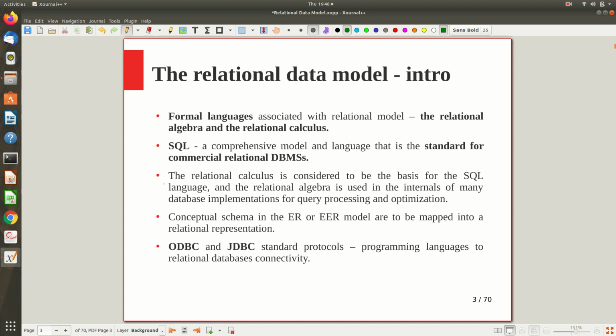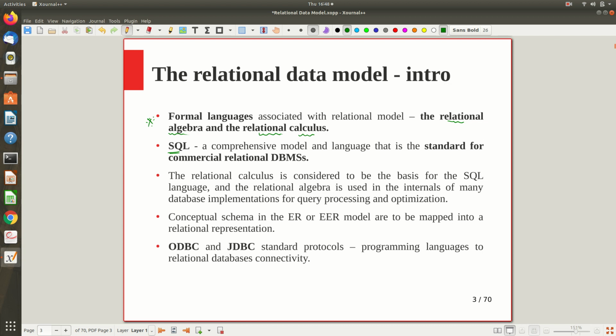SQL is a practical implementation of the relational database management system, whereas relational algebra and relational calculus are two formal languages associated with the relational data model. That also makes this relational data model much more popular, because the model comes with two formal languages.